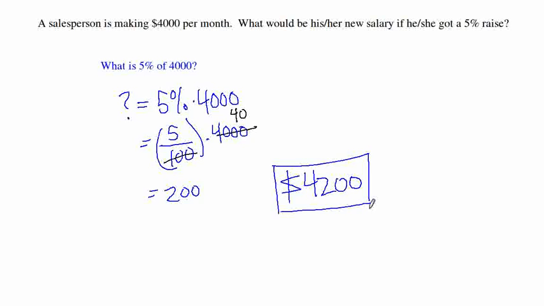Now I would like you to try one of these word problems with the twist that I was talking about. So a certain town has a population of 10,200 people.